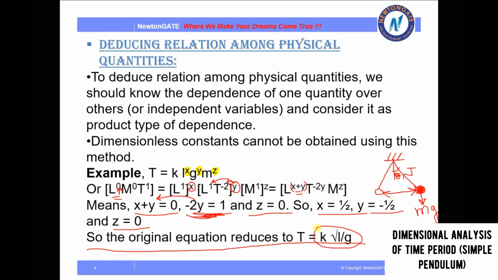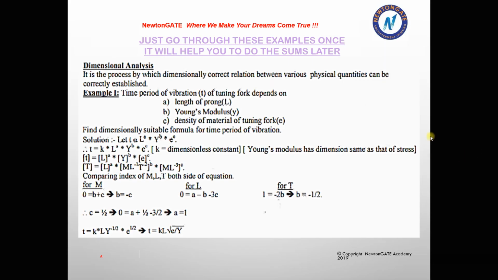For a number of variables, we can make that number of equations. So here are 3 variables x, y and z. We'll make 3 equations involving them. So we get the values of x, y and z as half, minus half and 0 respectively. So the original equation reduces to capital T equals K root over L by G. So this is a very interesting example.